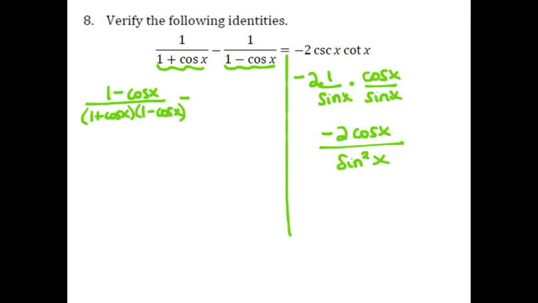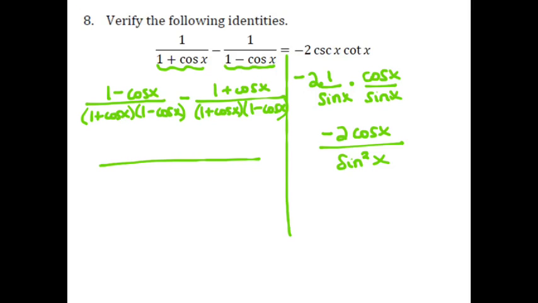I'm going to multiply 1 plus cosine x times the fraction on the left. So I have 1 plus cosine x over 1 plus cosine x times 1 minus cosine x. Okay, now I have a common denominator. So we're going to combine these into one fraction.